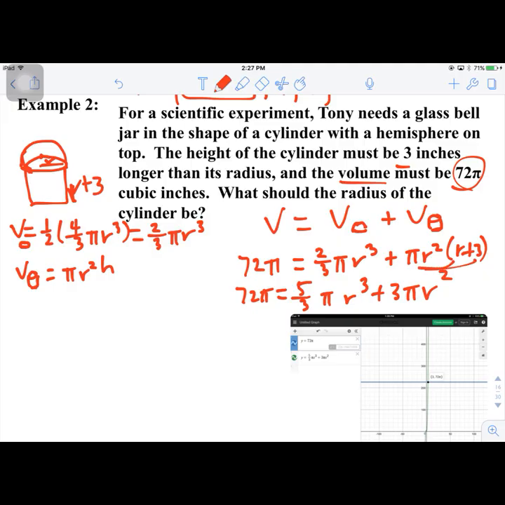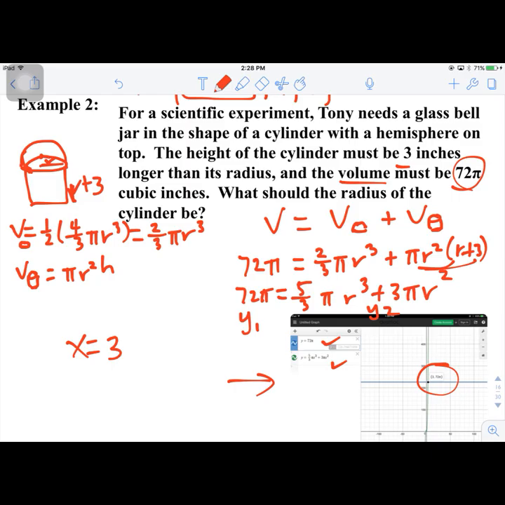So we will actually be entering these two equations as y1 and y2 into the calculator. And notice I've already done that. So there's my y1 and there's my y2. And then after graphing it, I choose the point where they intersect, which for the x coordinate, x is going to equal 3.